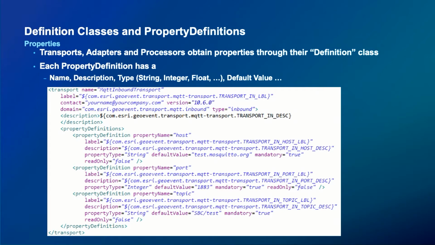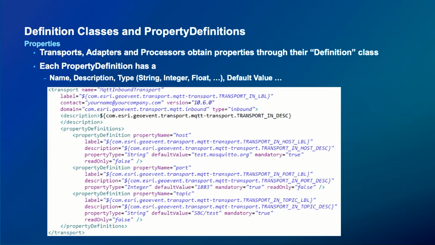This slide shows an example of XML-based component definition. It starts with the attributes for the component. This includes name, label, contact, domain, version, type, and description. The label and description are localized. Then there is a list of properties that the user can set to define the component behavior.